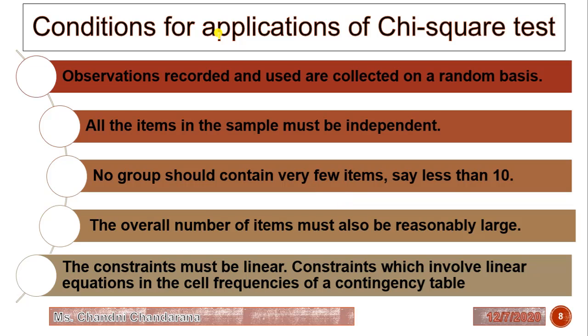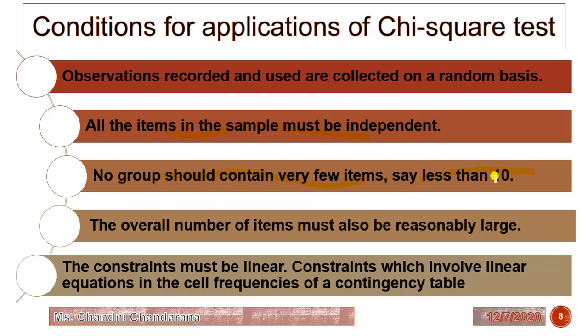First, the observations recorded and used must be collected on a random basis. All the items in the sample must be independent. No group should contain very few items, meaning less than 10.